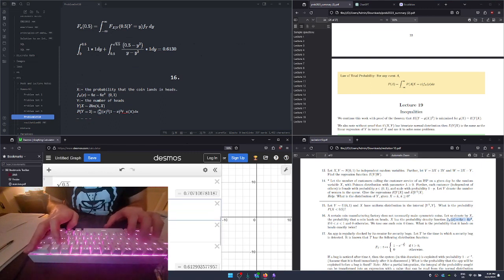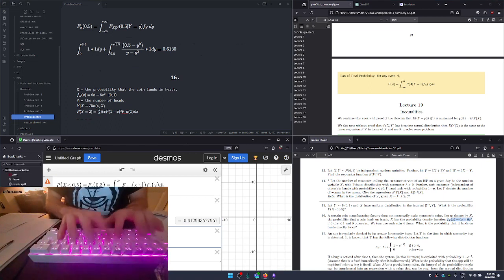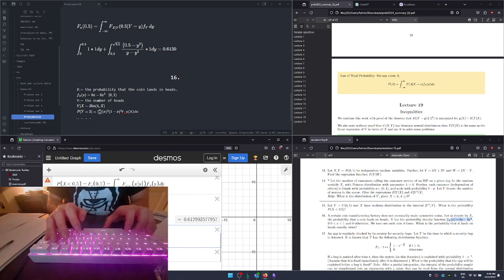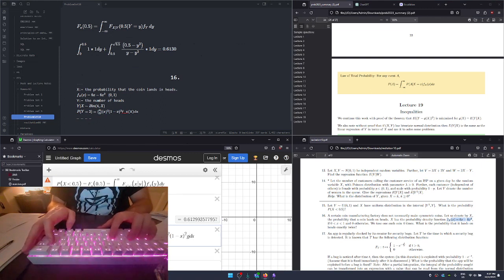And then what is f of x? We need to find f of x. Generally it's the integral from minus infinity to infinity of the probability of y given that x is equal to the small x, and then you have all of this, which is equal to all of this, and then you have f of big X. And this is just equal to 6x minus x squared.